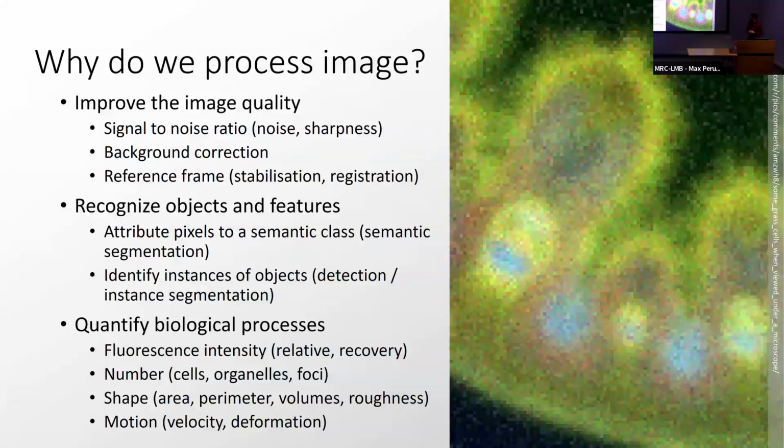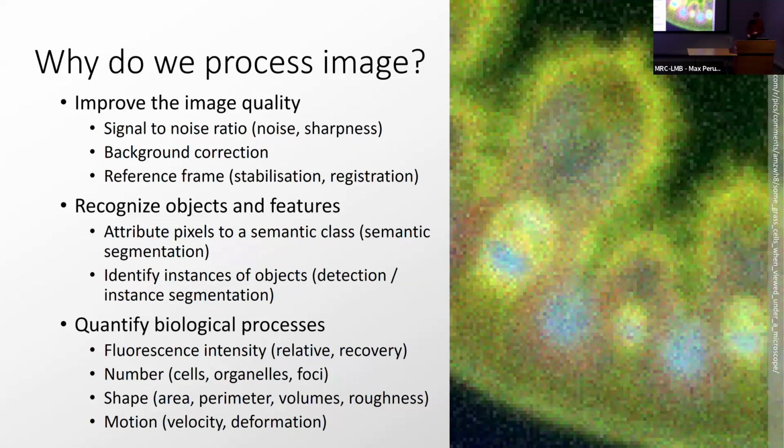We can think about background correction when we have uneven illumination or autofluorescence, for example. We can try to estimate our reference frame and to register our image or stabilize the frame across time or across Z planes and so on and so forth.